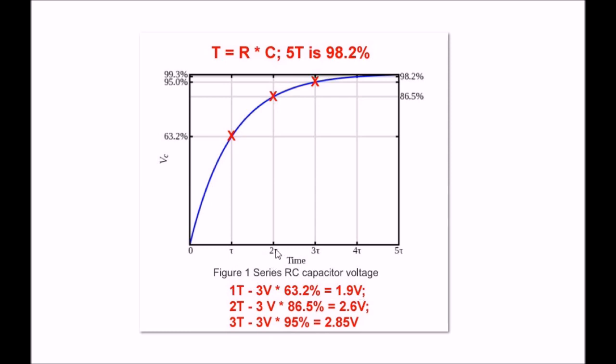When we go to 2T, that's 86.5%, and I've come up to 2.6 volts. Are most MOSFETs really going to turn on at 1.9 or 2.6 volts? Probably not. You're going to have to wait for a minimum of 3 time periods to get up to 2.85 volts or 3 volts or so.